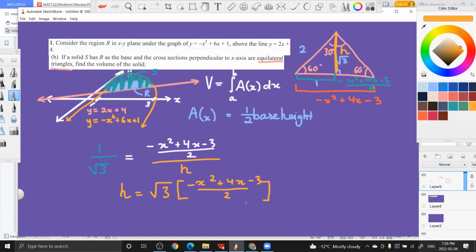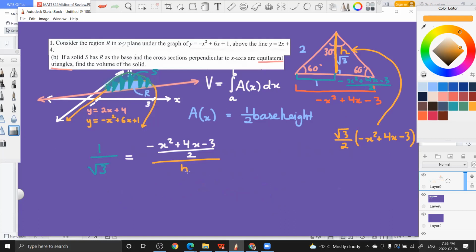Does that make sense? So this height right here, I'm going to write it below. That is the same as square root of 3 divided by 2 times negative x squared plus 4x minus 3. Okay, so we're ready to solve this integral.